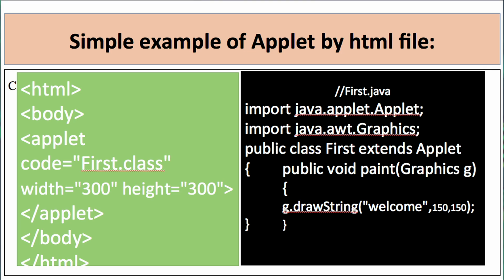So this is the pair of programs. One is a completely Java program in Applet, and the other is an HTML program where we are using this Java applet code. So everything which we implement in Java can be displayed over the browser by this HTML program.